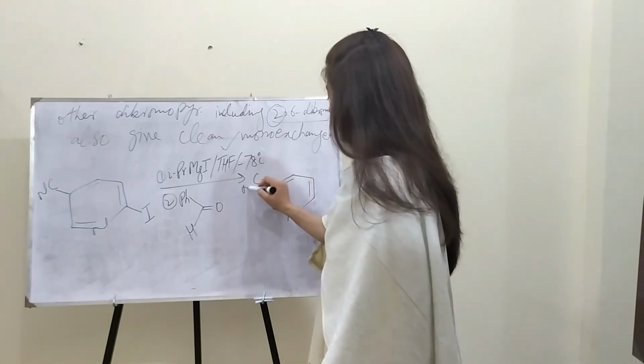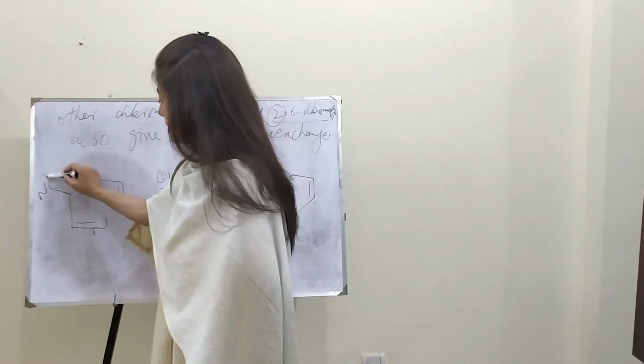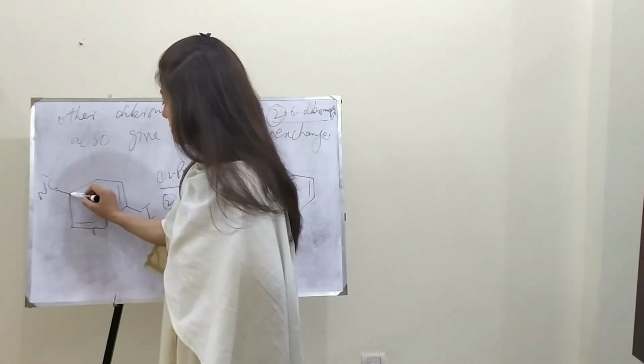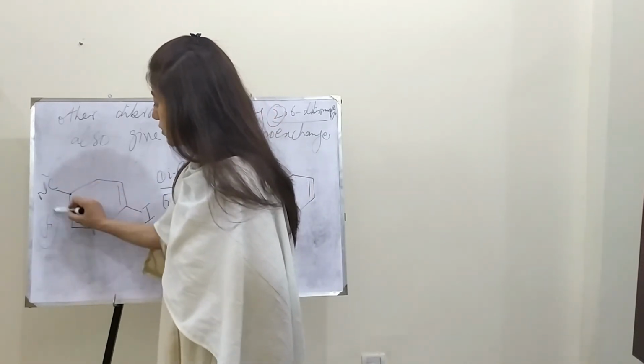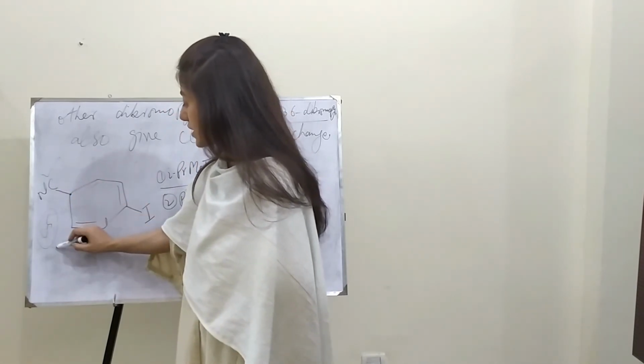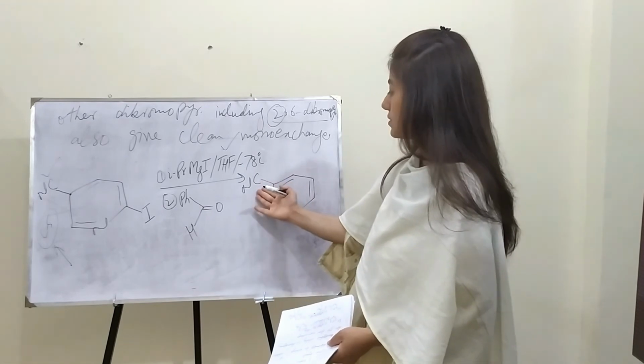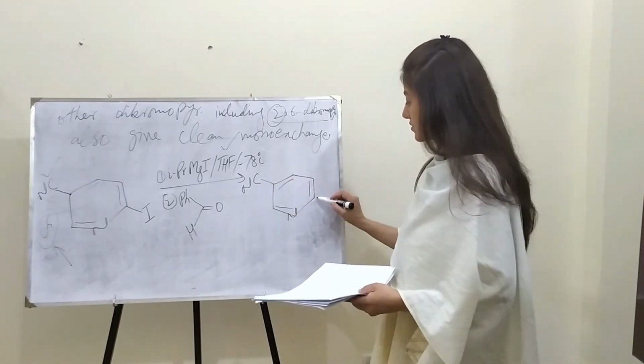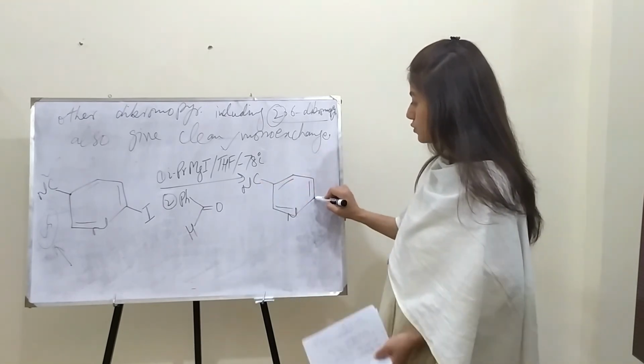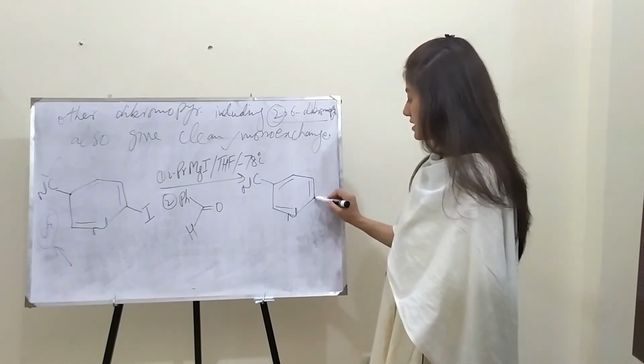here. In the previous example, this carbon number 5 was attacked and the reaction was highly selective. But in this case, this group at carbon number 5 would be intact and this carbon number 2 would be attacked.